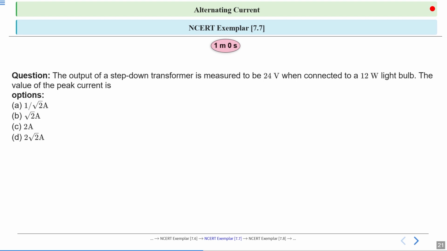Now next question. The output of a step-down transformer is measured to be 24 volt. We know the formula for a transformer, the relation between number of turns and IRMS current and VRMS voltage. So ratio Vs upon Vp is equal to Ns upon Np, which is equal to Ip upon Is.